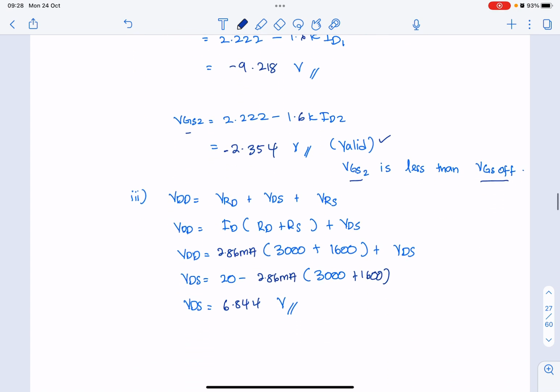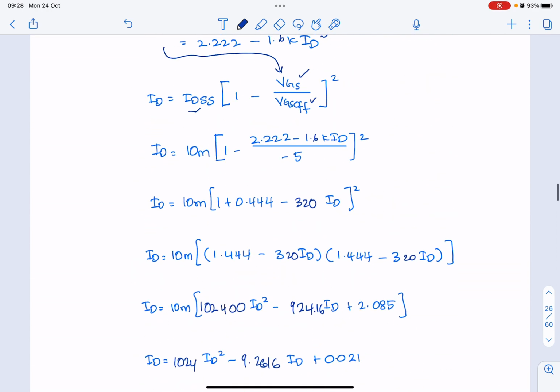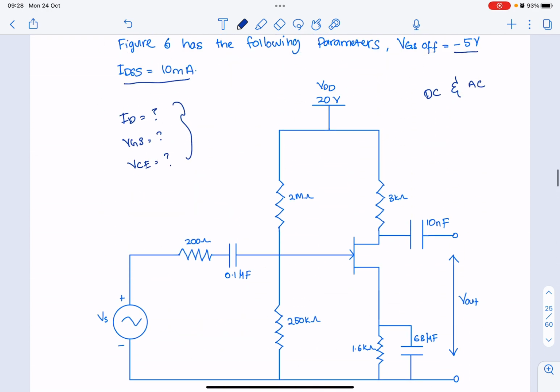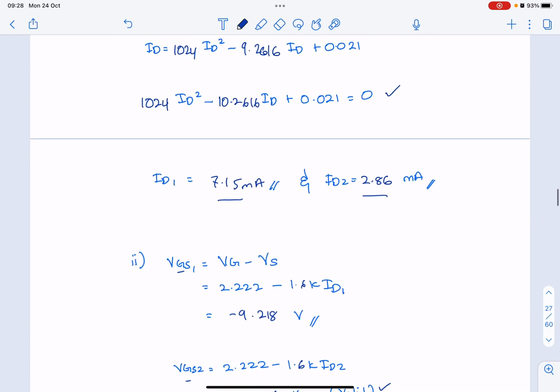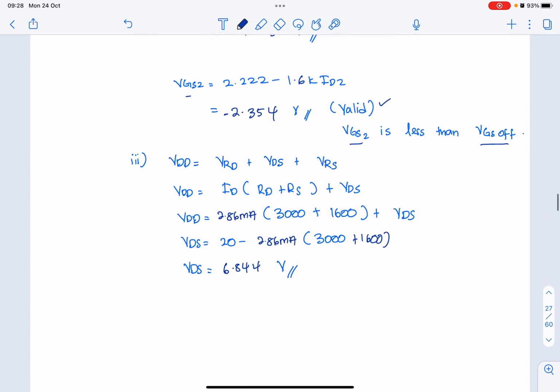So the next one you need to calculate is, not VCE, VCE is for BJT. So you need to find your VDS. So for VDS, if you apply KVL, VDD equal to VRD plus VDS plus VRS. So VDS is equal to VDD minus VRD and VRS. So you get VDS equal to 6.844 volt.